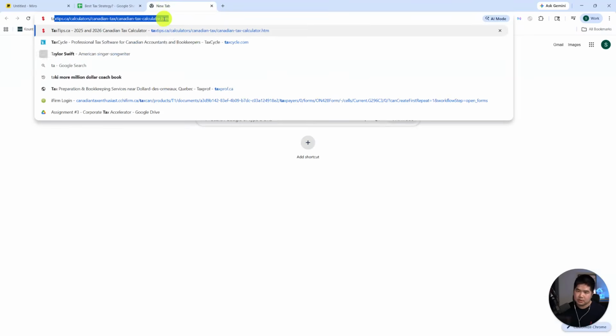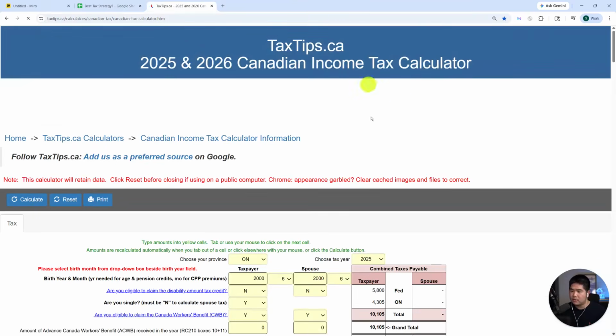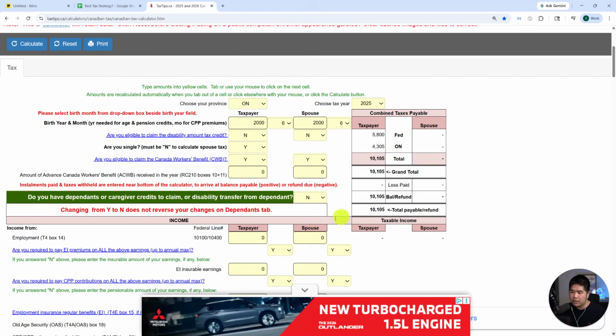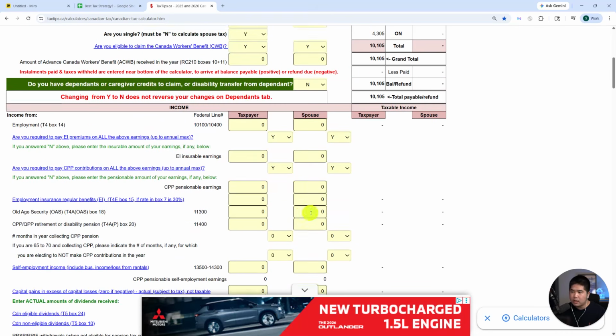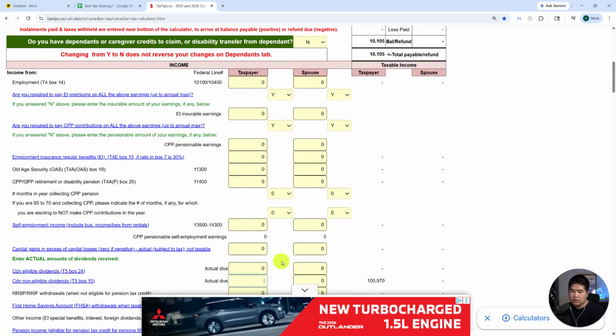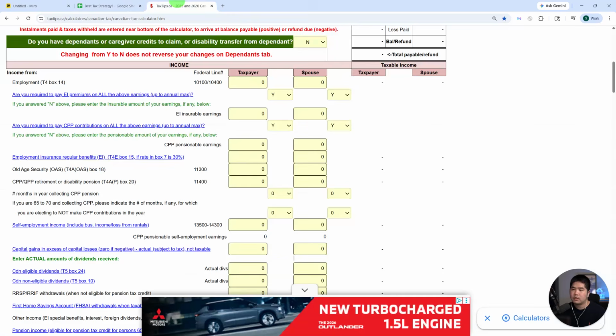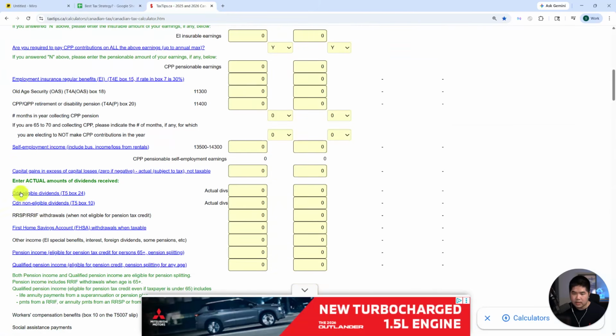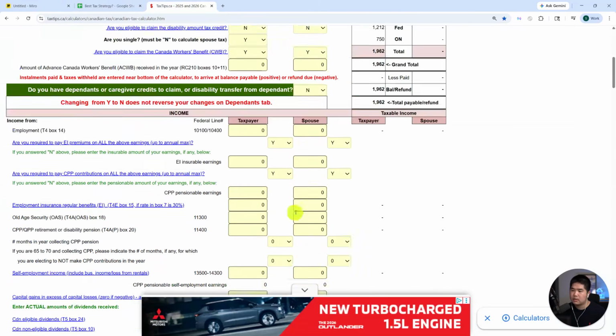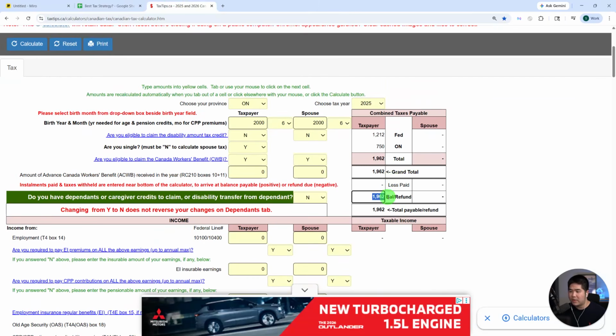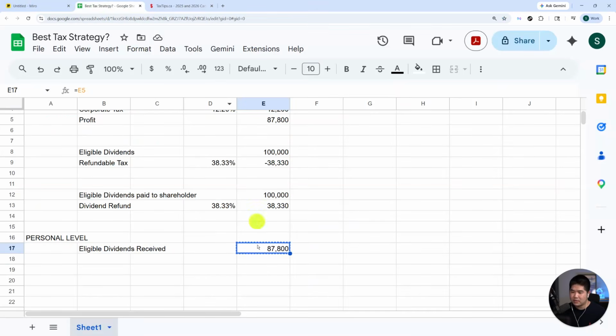And then let's go to taxtips.ca, one of the best websites out there. And we'll change this to 87,800 as Canadian eligible dividends. So then we will only have to pay about $2,000 in taxes.